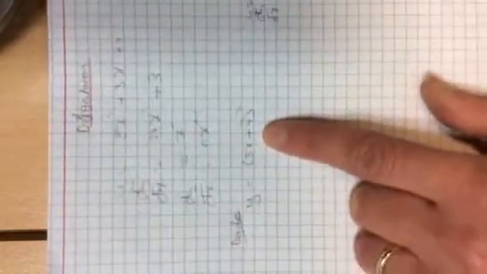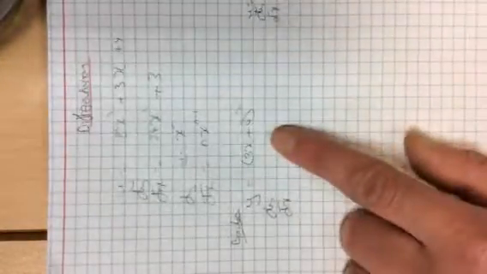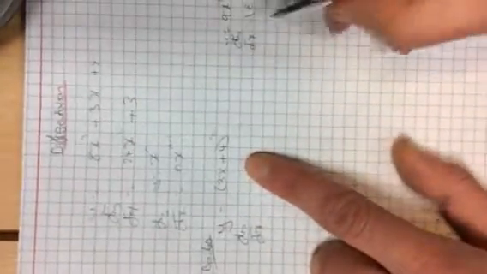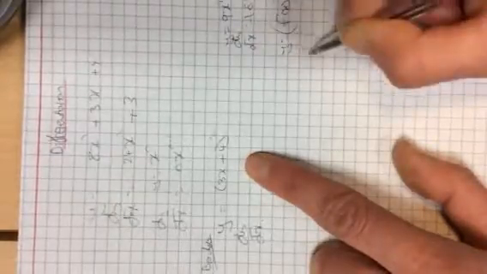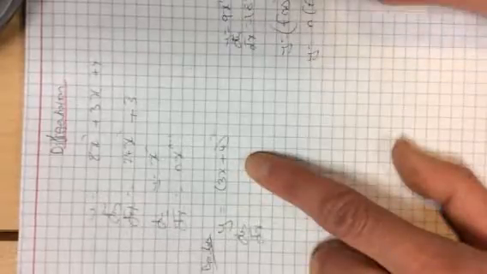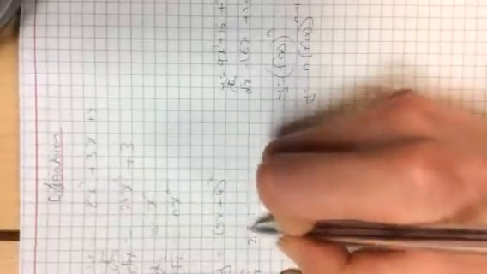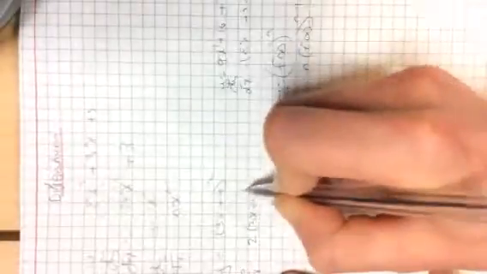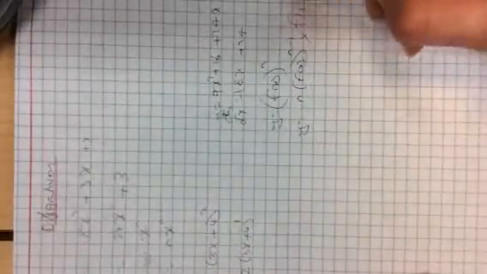The next way, what I'm going to show you now is a quick way of doing it. To differentiate a bracket, I'm going to write it out formally here. I would do my normal differentiation, bring the power to the front, and take one off. But then what you have to do if you differentiate a bracket, you must multiply the bracket by its derivative.